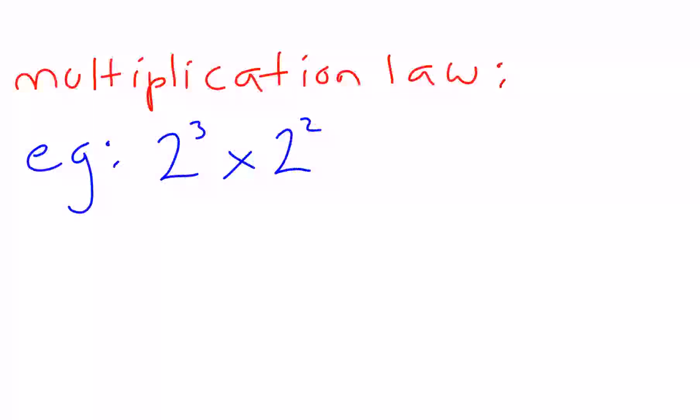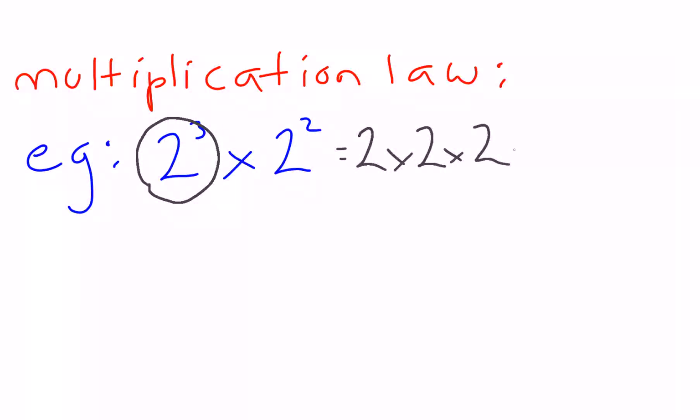Our first law is the multiplication law. The easiest way to do this is if we look at an example, because all we're really doing with this law is finding a shortcut. 2 cubed times 2 squared. Well, 2 cubed, we know, is 2 times 2 times 2.